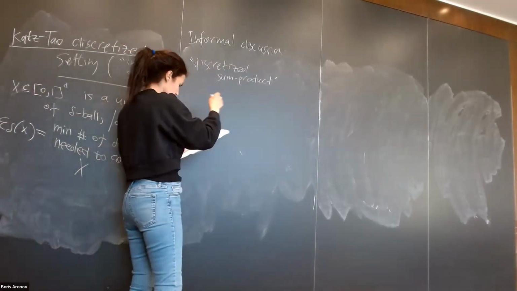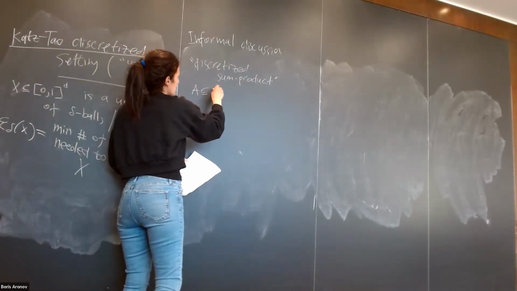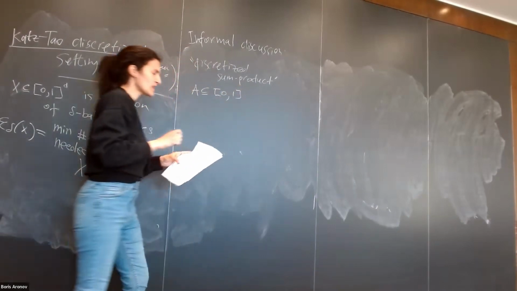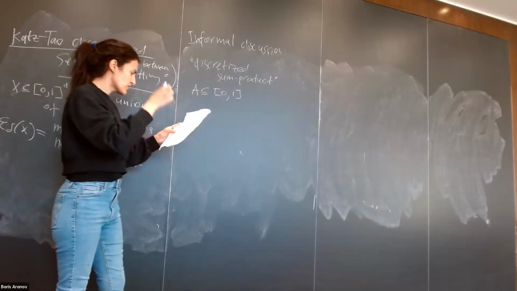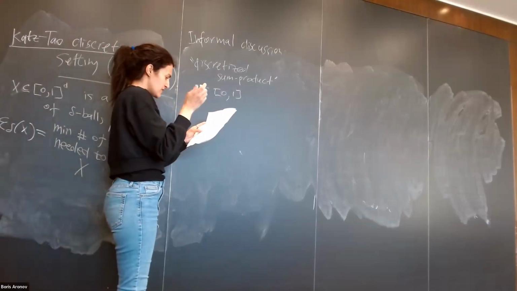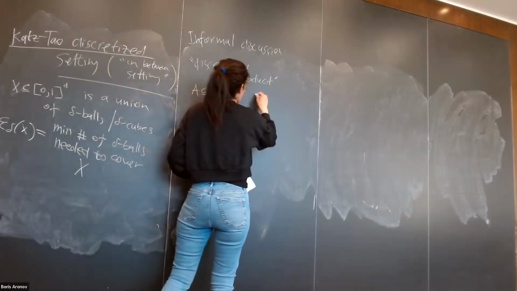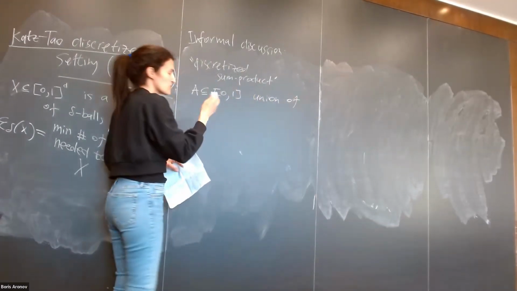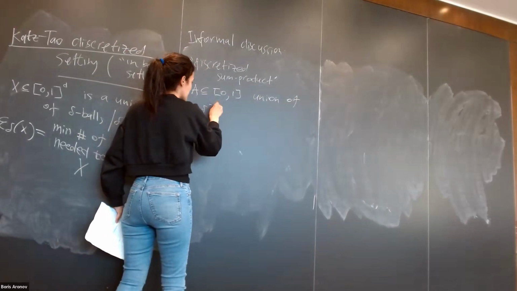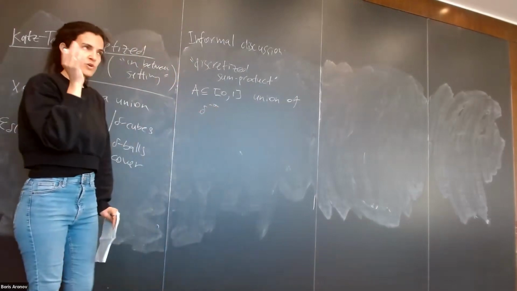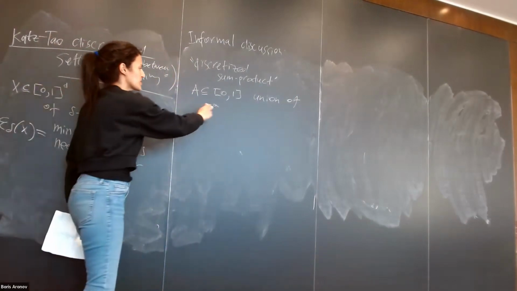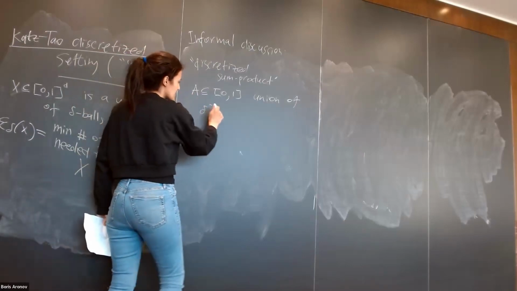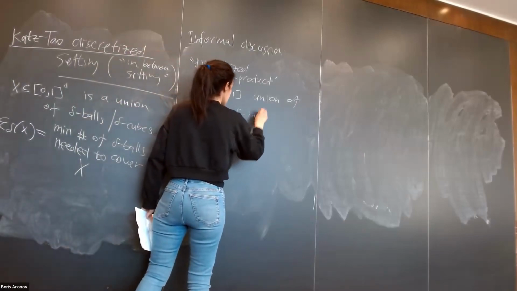So we will have a subset of R, and I will take the interval [0, 1]. And the set will be a union of delta intervals. So let's say that A is a union of a certain number of delta intervals. I will write it as delta to the minus alpha because this is going to correspond somehow to dimension alpha. That's just the number of delta intervals.